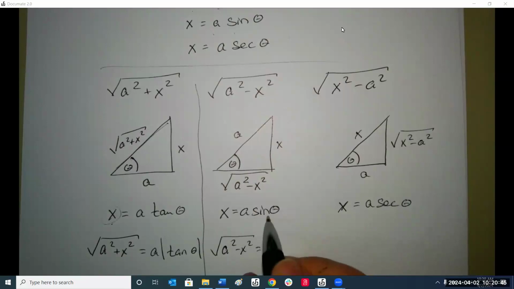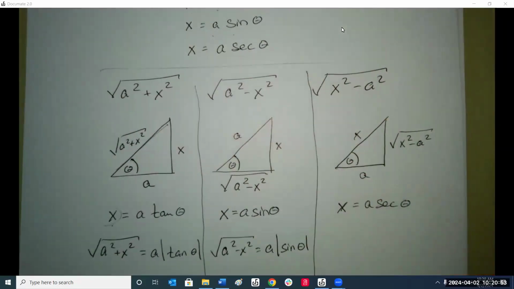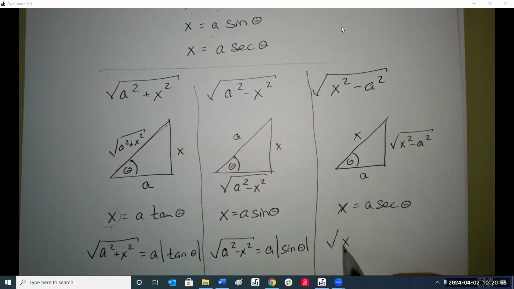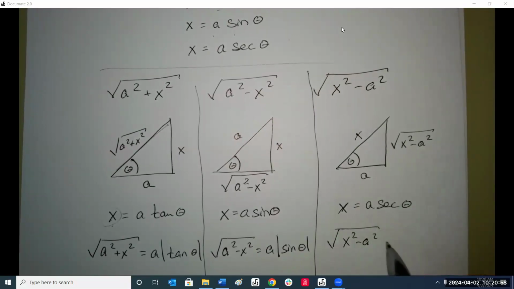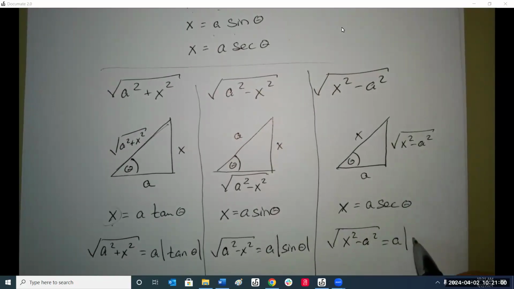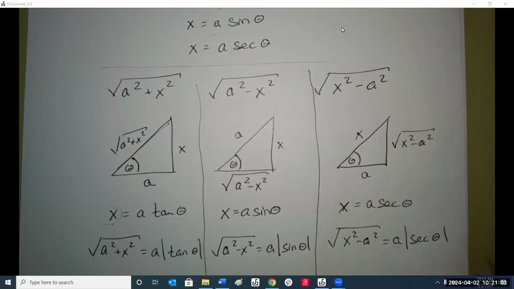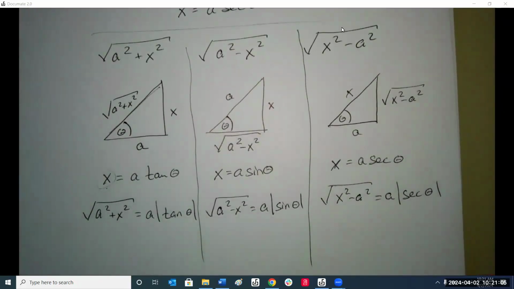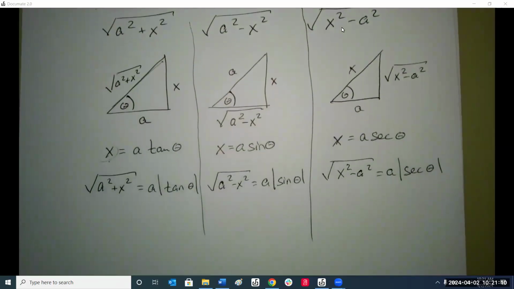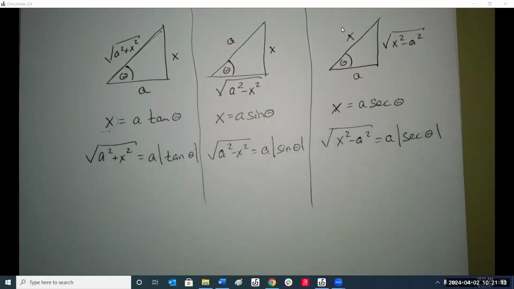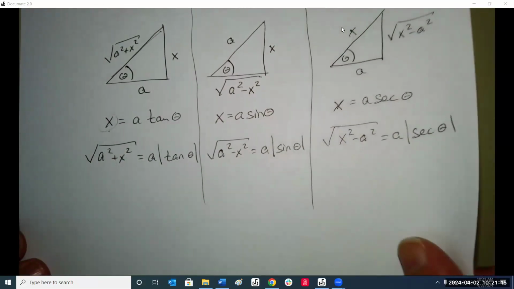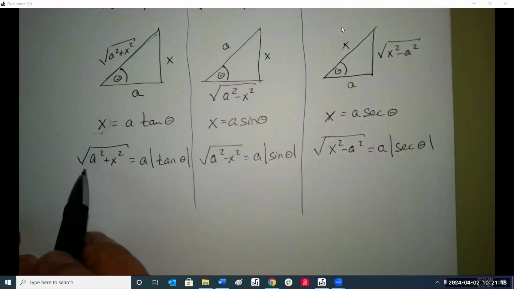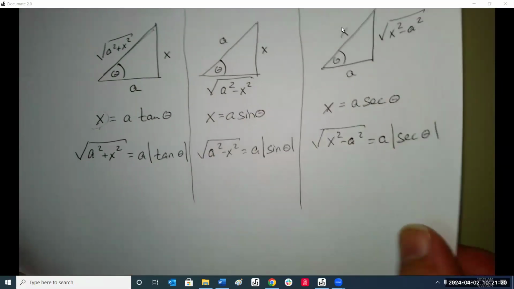That equals a times the absolute value of cosine theta, because this value can never be negative. And then the square root of x squared minus a squared equals a times the absolute value of tangent theta. So these are the types of transformations we're going to make. All right. So we'll be looking for how it's set up in our equation.